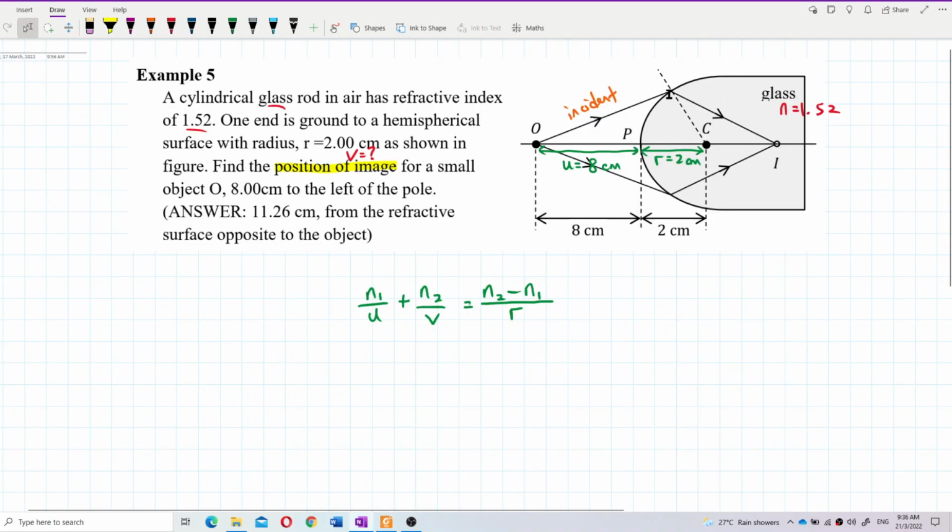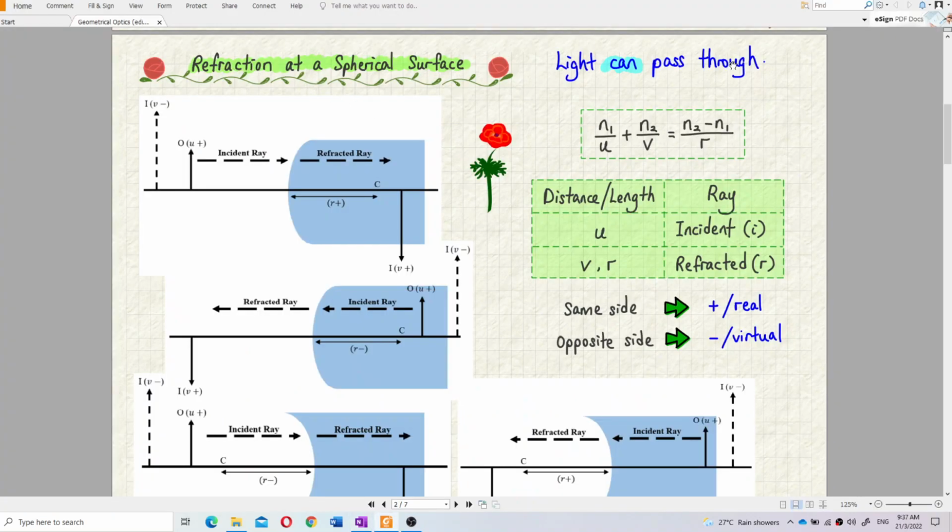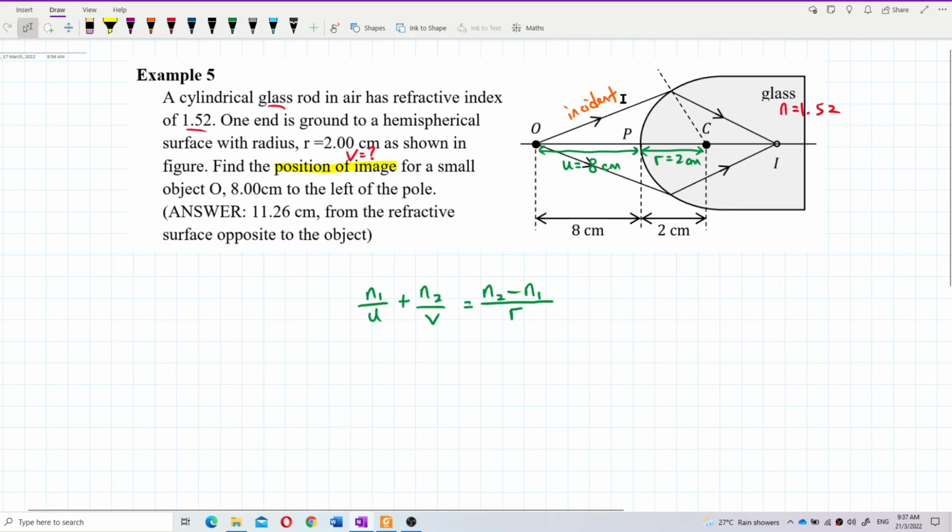If it were a mirror, the light is reflected and cannot pass through, and the reflected ray would be on the same side as the incident ray. But for refraction, the light enters the glass and goes to the other side. This is the refracted ray, on the opposite side of the incident ray.